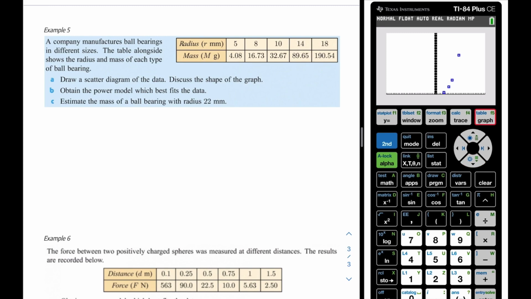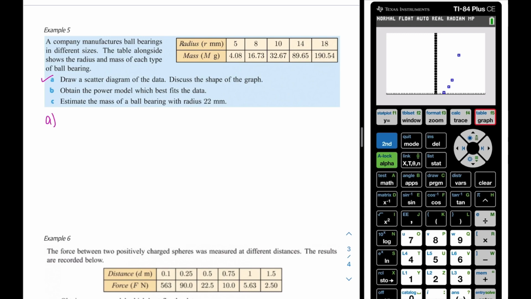Now, looking at this data, I see that it seems to be increasing in a curved way. So it wouldn't be linear, but it does indicate that it would make sense to cross through the origin 0, 0.